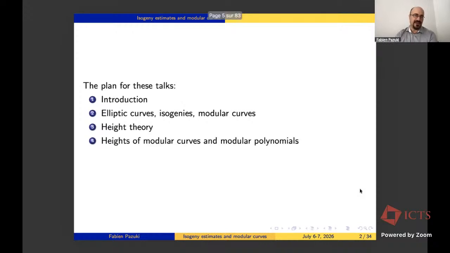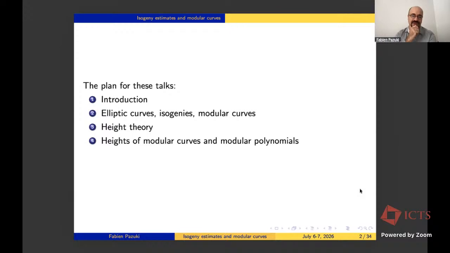And then I will arrive at the main task that I would like to perform in these two sessions, which is computing the height of modular curves, or discussing the results we have on the heights of modular curves and modular polynomials.